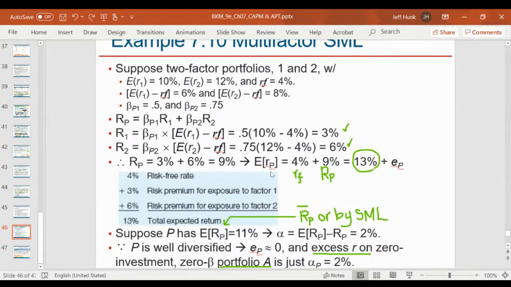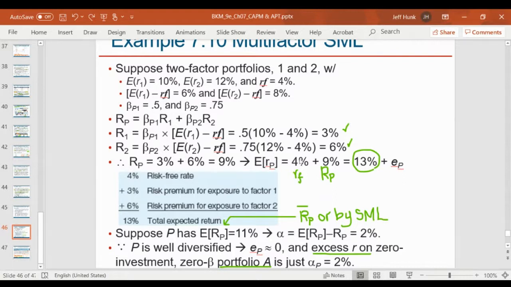Then the expected return on this portfolio should be found by adding the risk-free rate, because this minus RF is the risk premium.